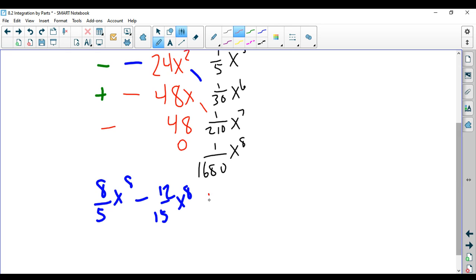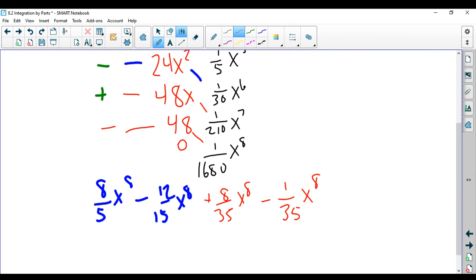So plus 8 over 35, x to the 8th again. And lastly, minus 48 over 1680, which is 1 over 35. And that's also x to the 8th.